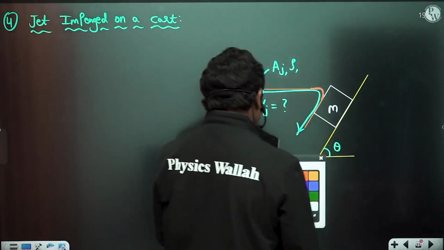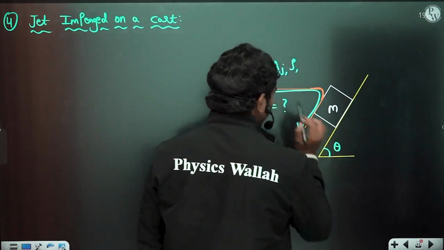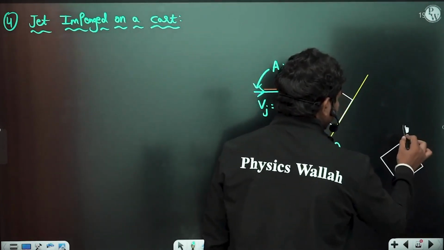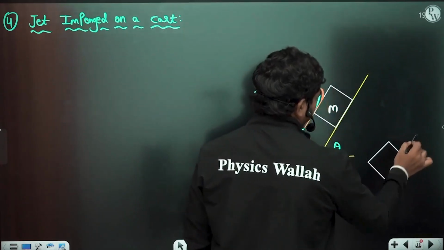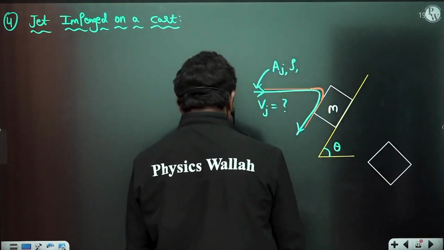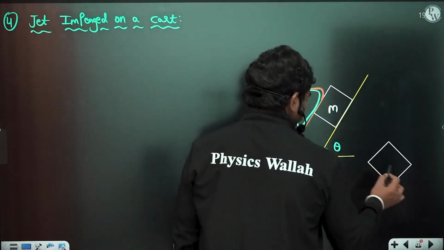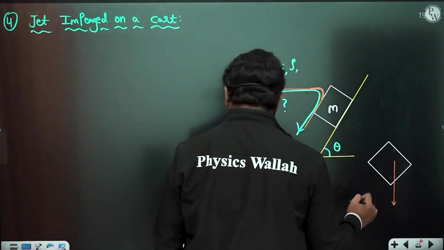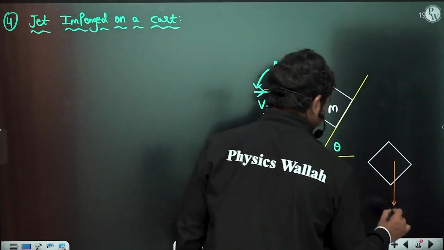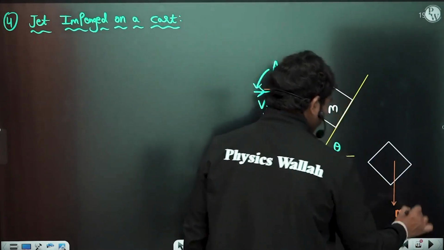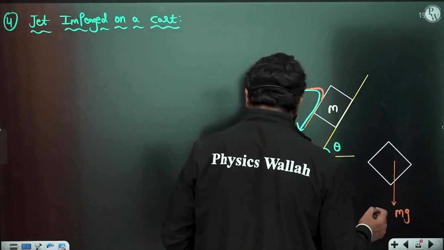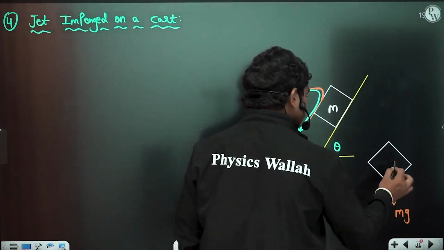Okay, so let us see that. First of all, draw the free body diagram of the cart. You have the weight of the cart, which is mg. Resolve this along the plane and perpendicular to the plane, of course no friction anyhow.